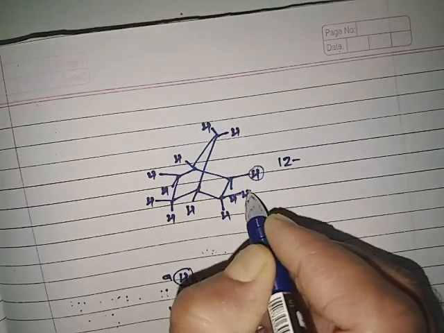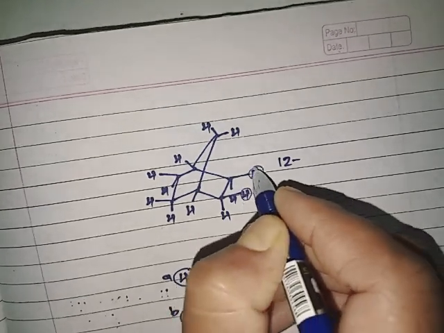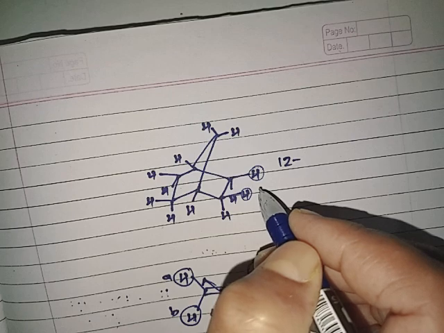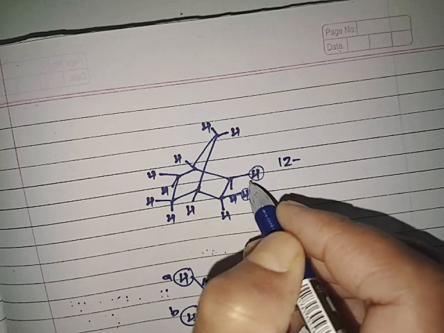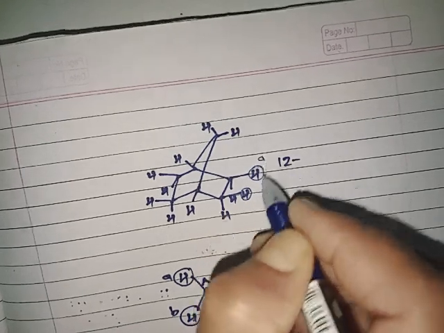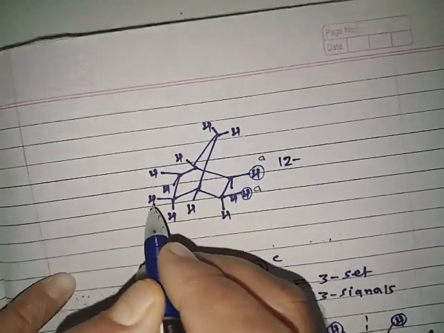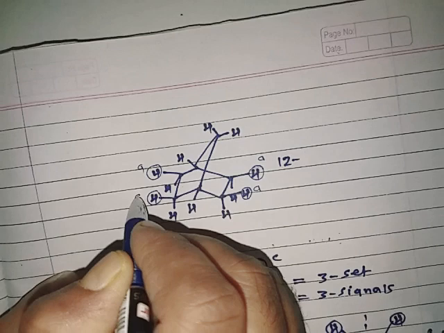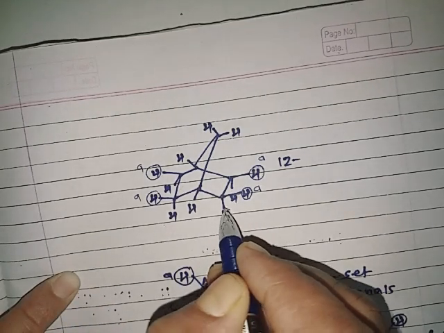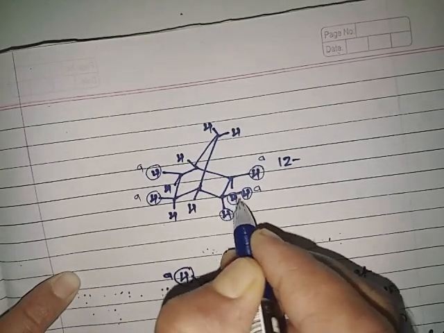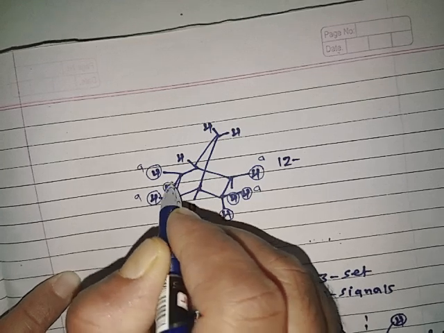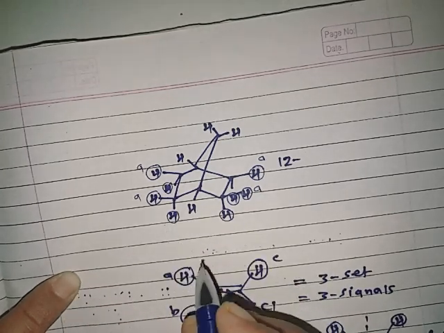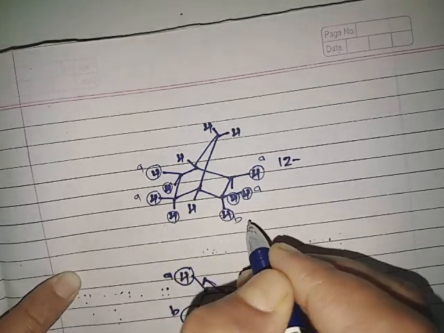If you denote these upper protons, which are also known as exo protons, of this side as A, again these two protons become the A set. The endo protons, which are written below, constitute the second set, called the B set.